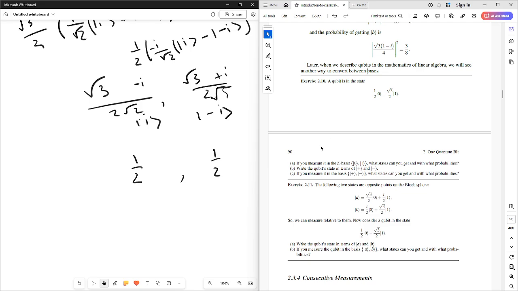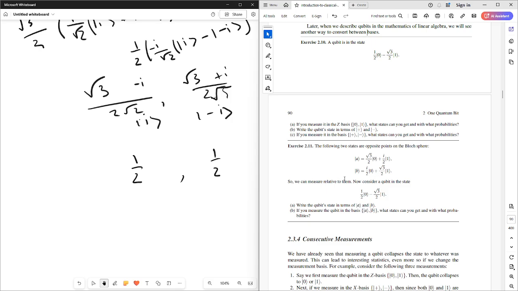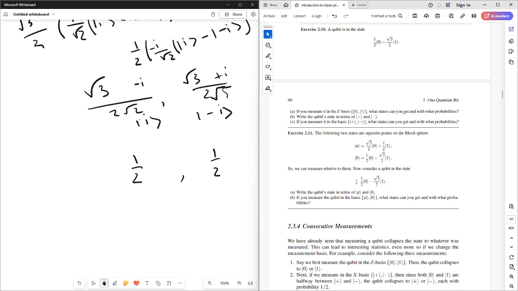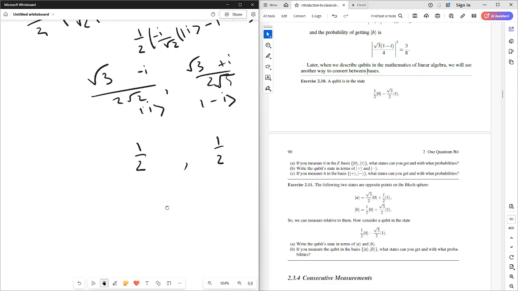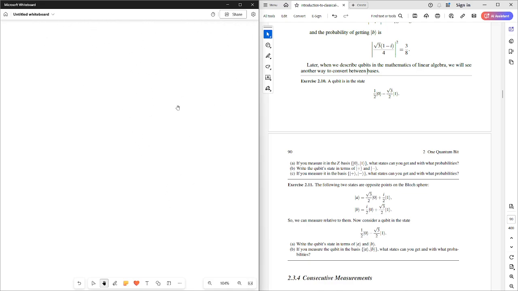Let's do an example. Let's do 2.10, pardon me. We've got 1/2 state 0 minus... If we're going to measure in the Z basis, well, we know how to do that.